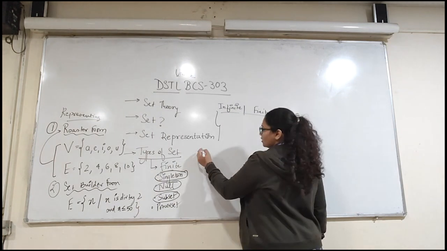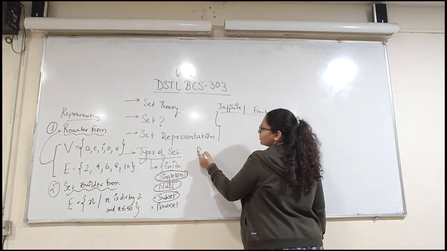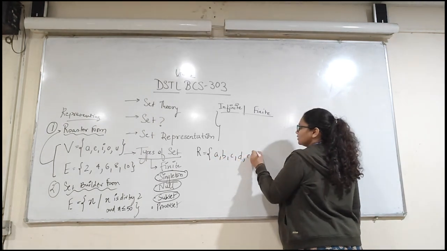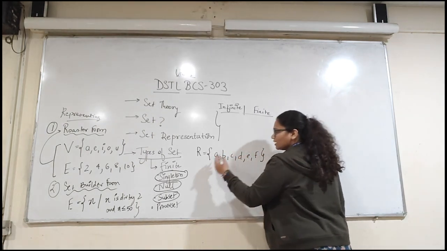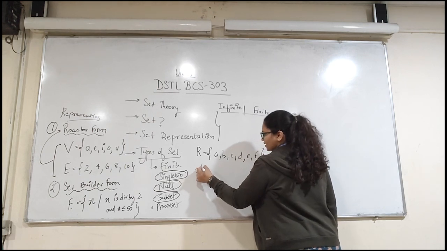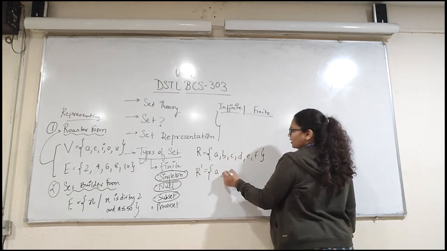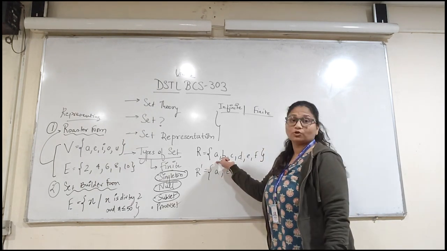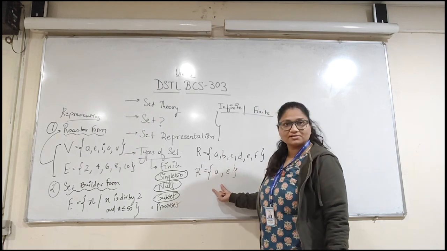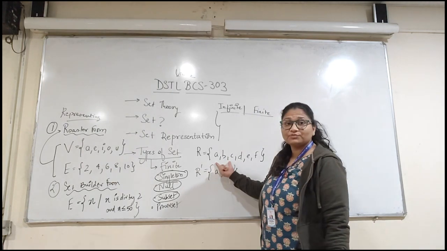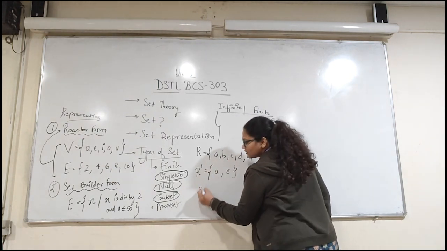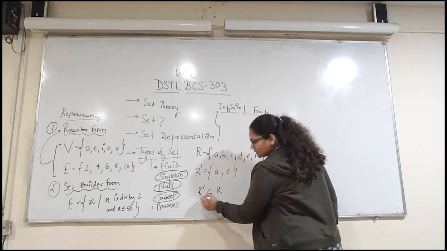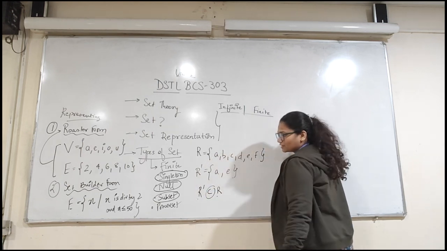Suppose I have written a set R: A, B, C, D, E, F. Now I make another set out of it, R dash, and put A and E in it. Now as you can see, these elements belong to this set also, but not all the elements are there in this set. But this set can be derived from that set. Hence, R dash is a subset of R. This is the sign of subset.